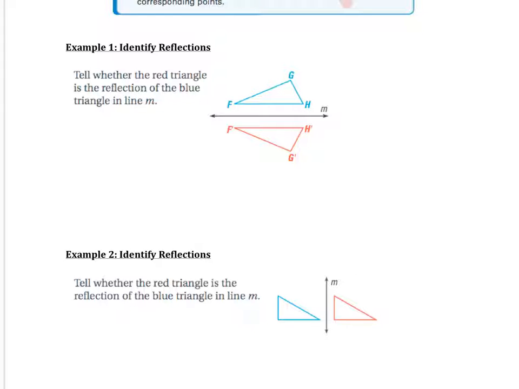So the first thing we do here is we look. We would draw a line connecting the points. Is line M the perpendicular bisector? And it is. So that's one question you ask, and that's yes.